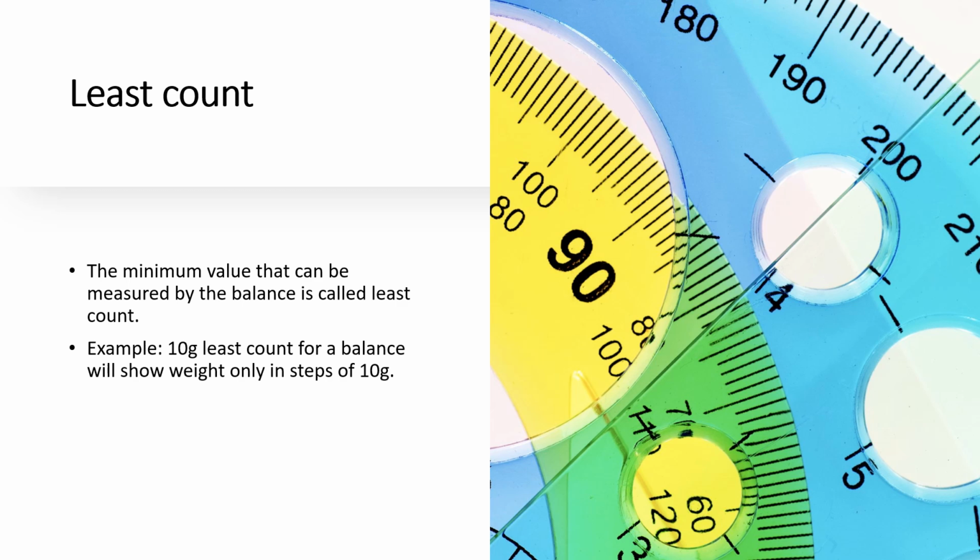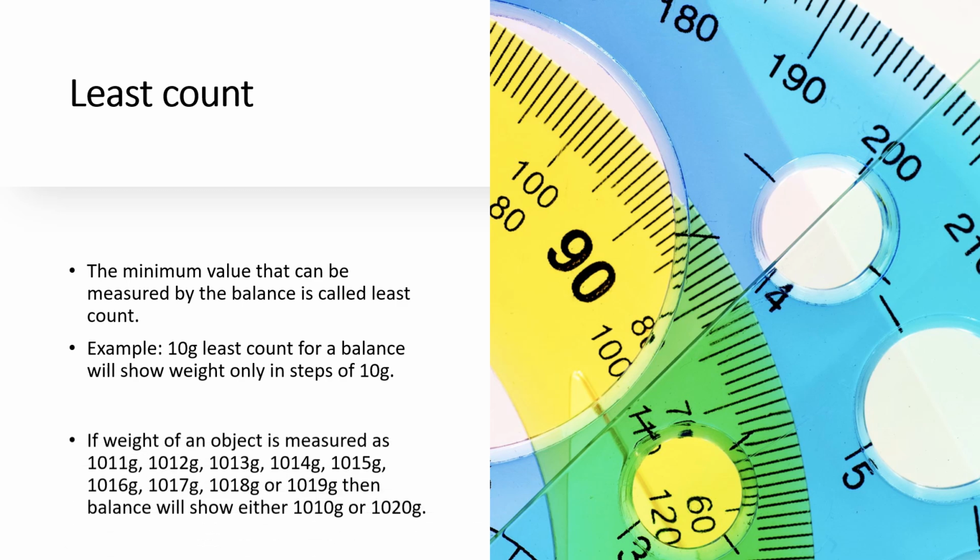If the balance has a 10-gram least count, then it will show weight only in steps of 10 grams. It depends on the balance how many steps are designed in it by the manufacturer.